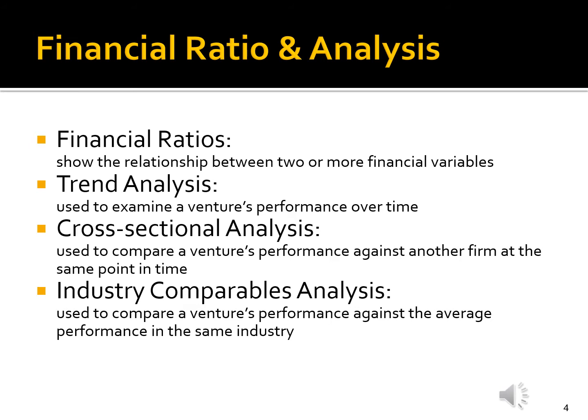Financial ratios show the relationship between two or more financial variables using a ratio. So there are financial variables, and based on a certain equation, we can measure the financial performance of the venture through various ratios, like ROE, return on equity, and ROA, return on asset.